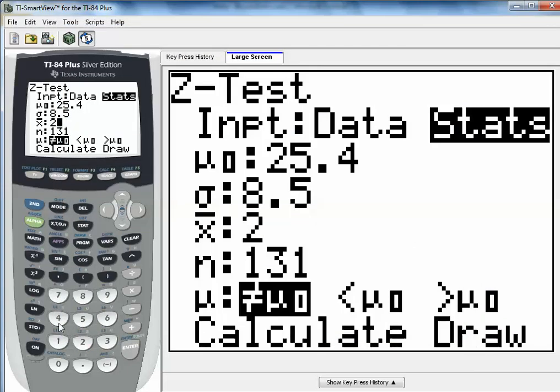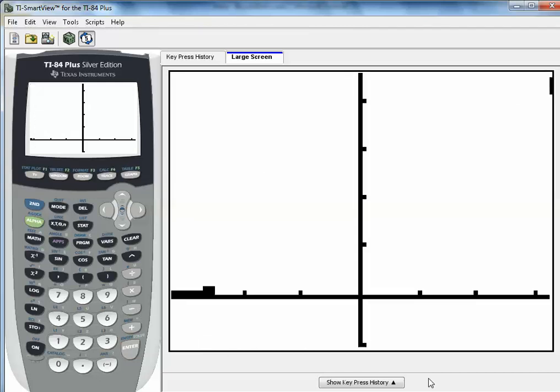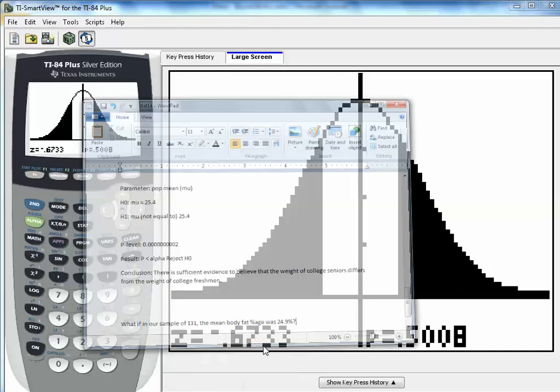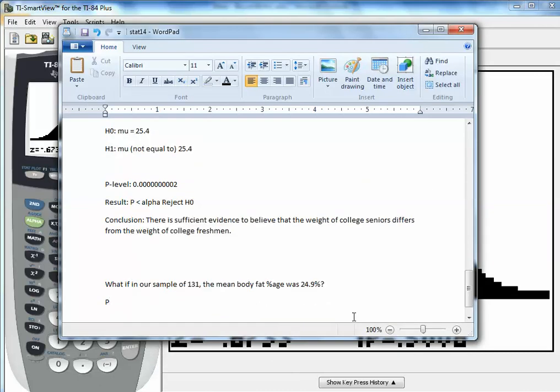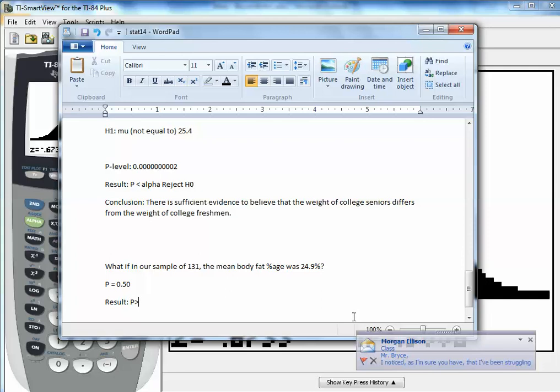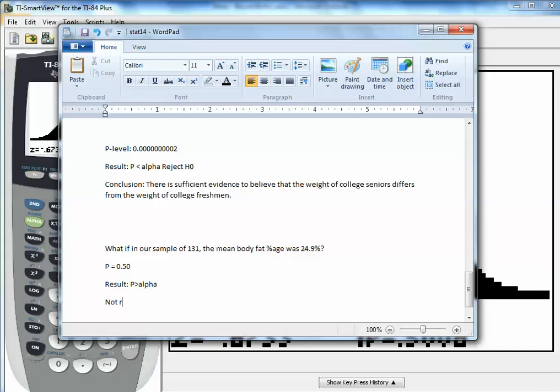The sample size is still the same, and we're still checking for inequality. Here's a picture of it. This time our P is 0.50. So the result this time is that P is greater than alpha, so we're going to not reject H0.